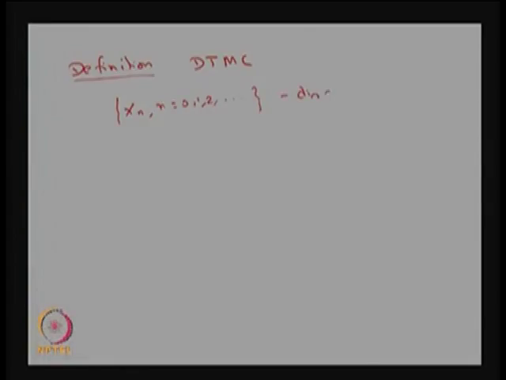This is a discrete time, discrete state stochastic process. Assume that xn takes a finite or countable number of possible values.